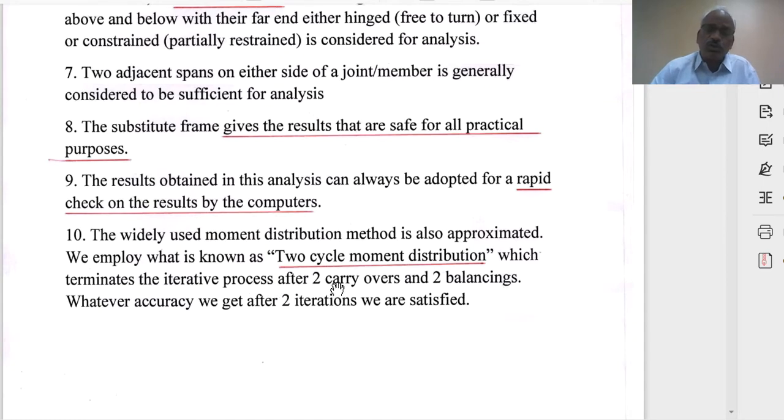We employ what is known as the two-cycle moment distribution method, which terminates the iterative process after 2 carryovers and 2 balancings. Whatever accuracy we get after 2 iterations, we are satisfied.